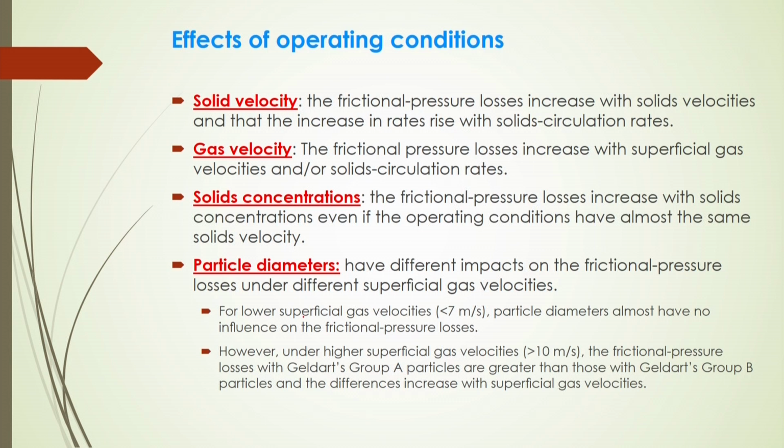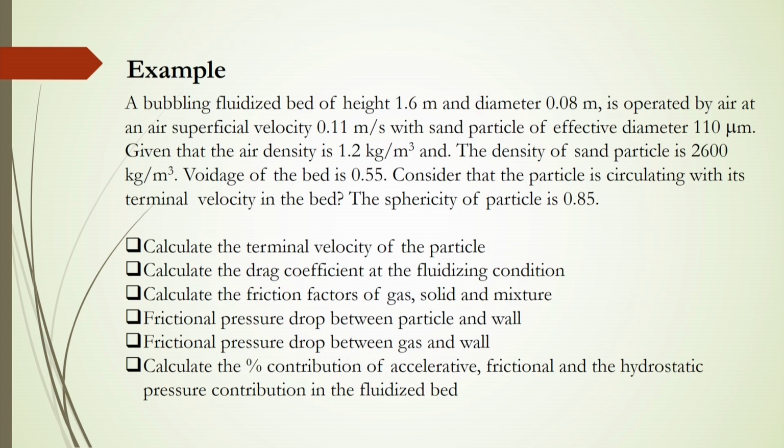Whereas, under higher superficial gas velocities, suppose greater than 10 meter per second, the frictional pressure loss with Geldart A particles will be greater than with Geldart B particles, and the difference increases with superficial gas velocity.